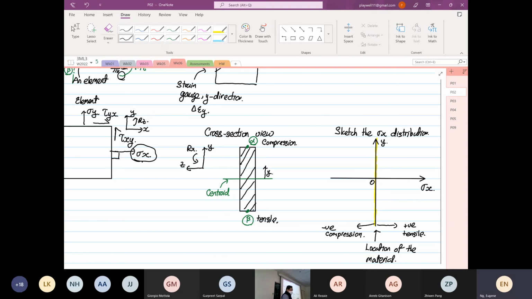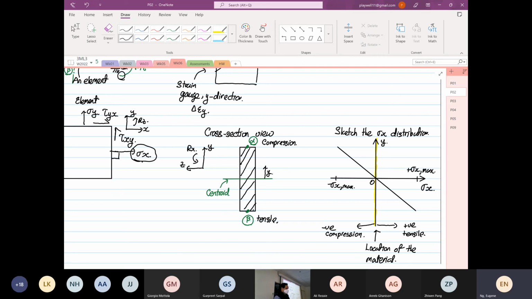Now, why is that important? Bear with me. When we plot the graph, the normal stress distribution, you see this. This is equal to our minus stress X max. Over here will be stress X positive max. So that is how the normal stress distributes.